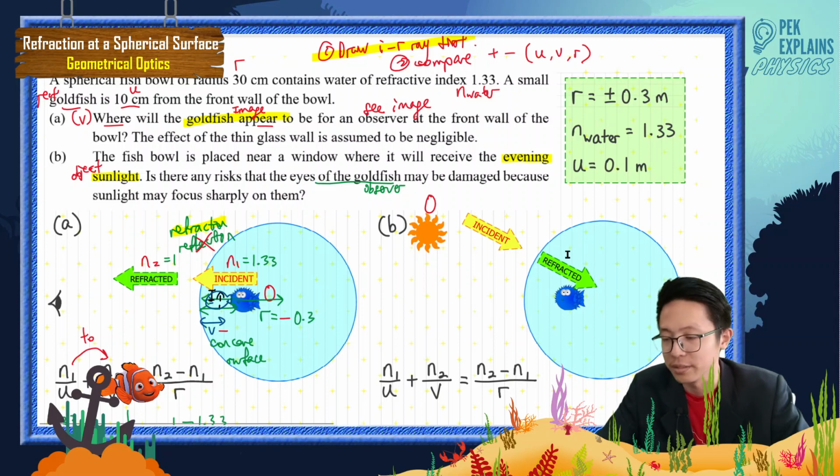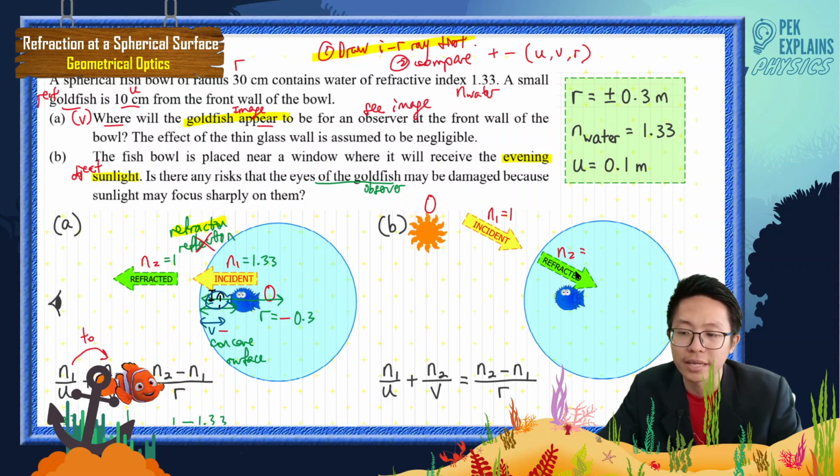That's the difference. And also, N1 is now the air, because the light comes from the sunlight going into the water. Water is N2 already. The refracted ray is in N2.